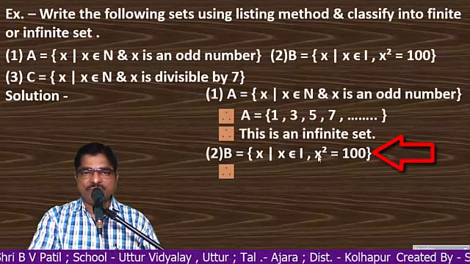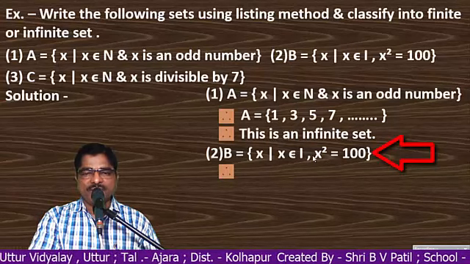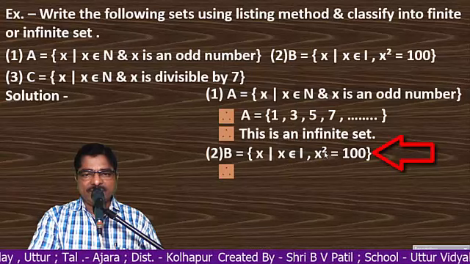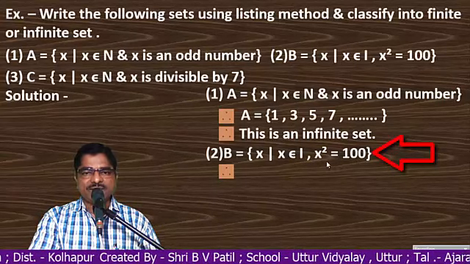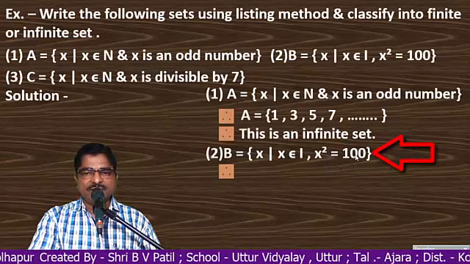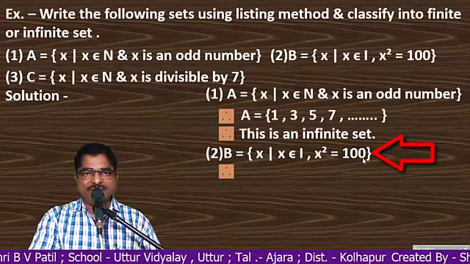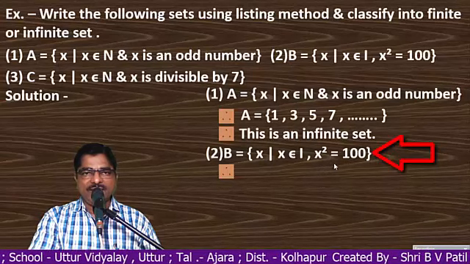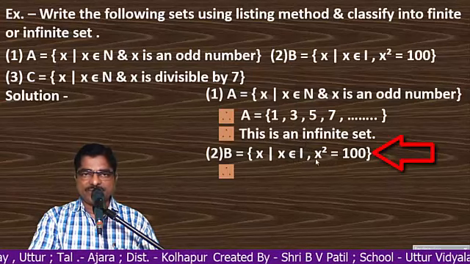It means there are positive numbers and also negative numbers. Then the square of x we get 100. Which number's square is 100? That is, 10 square is 100, and here integers means negative numbers also.